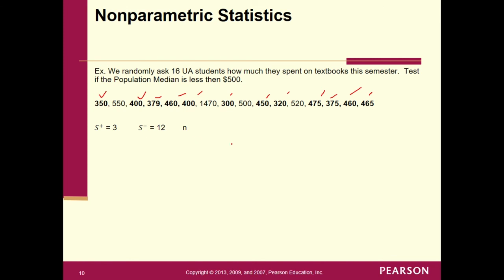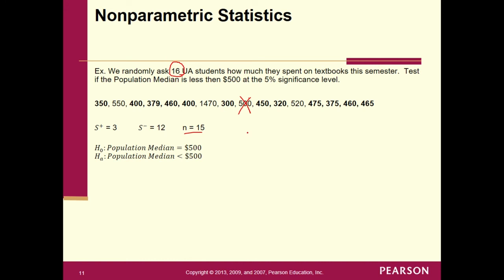So we had 12. And that means N is equal to 15. So if we started off with 16, one was exactly at 500, we throw that one out, and we're left with an N of 15. For the null, the population median is equal to 500. The alternative, population median is less than 500, because that's what we were testing.